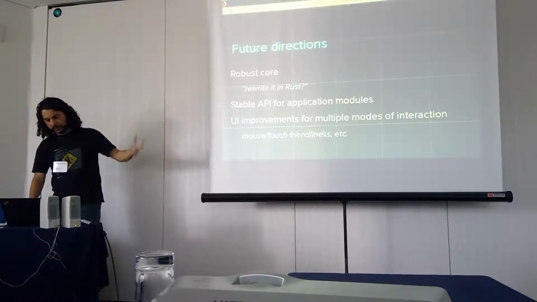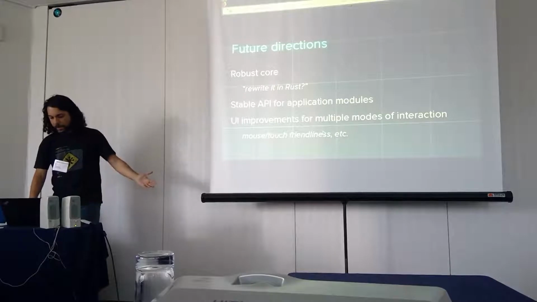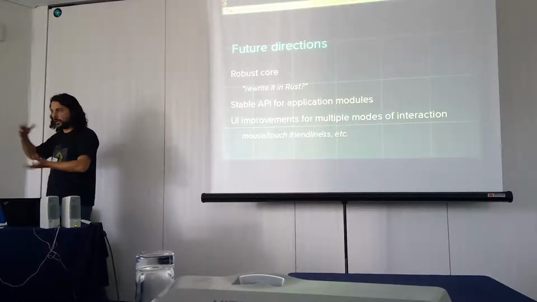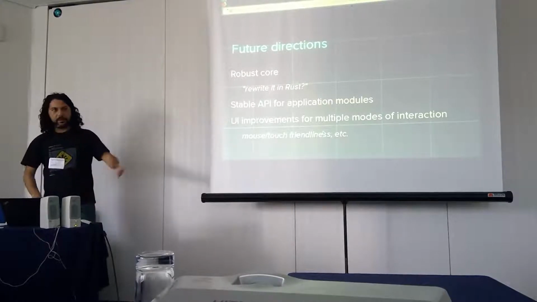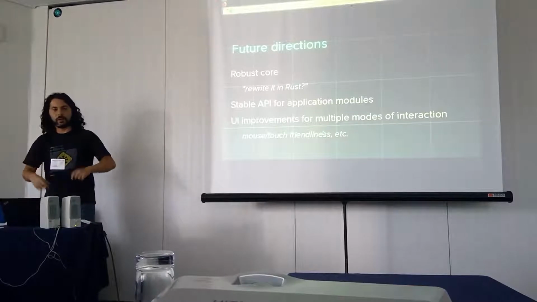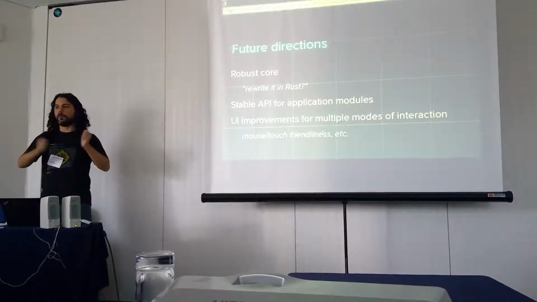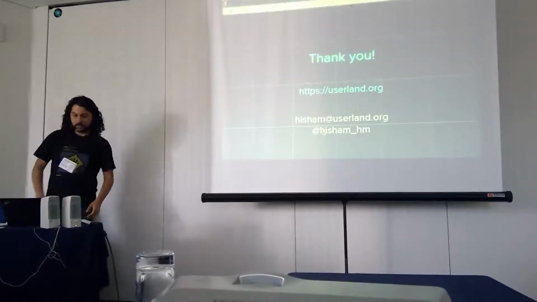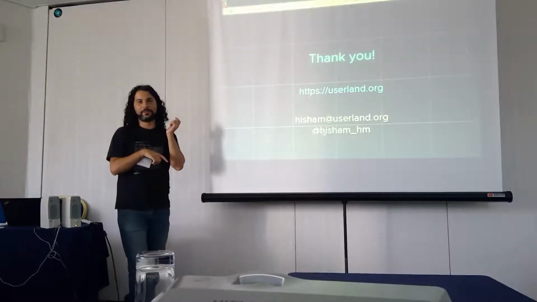Future directions: a core, stable API for application modules, so other people can start inventing their own modules for applications I haven't thought of. Right now it's very keyboard driven because I'm the first user, and of course there's some amount of mouse support, but there should be even more. So, now, questions?